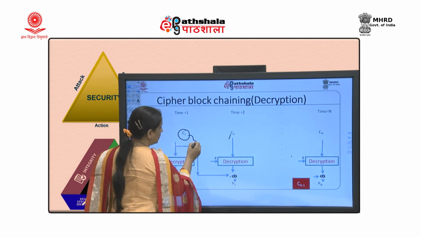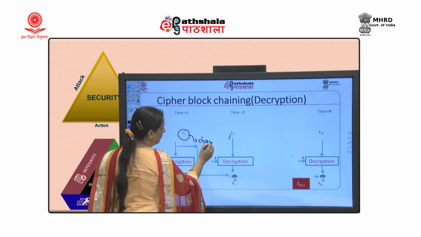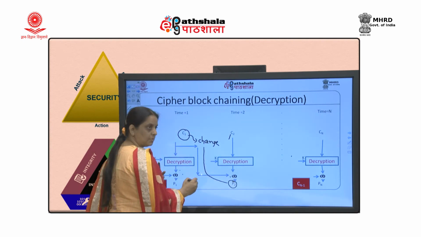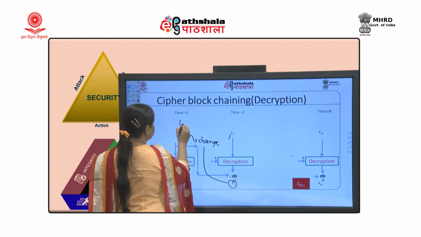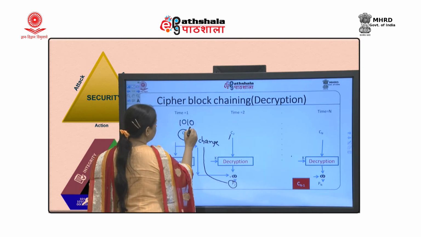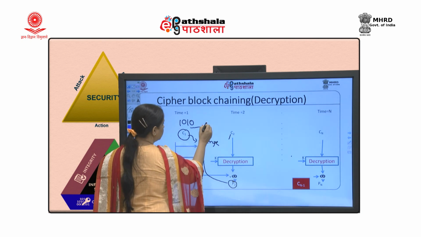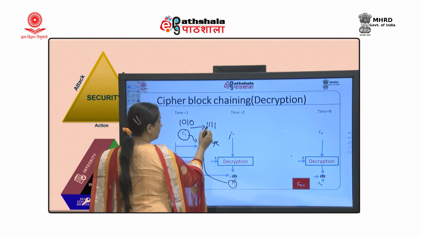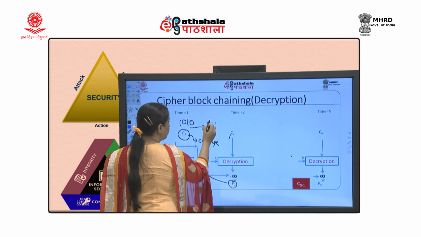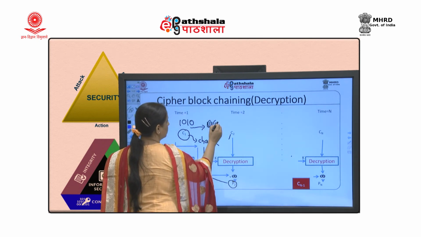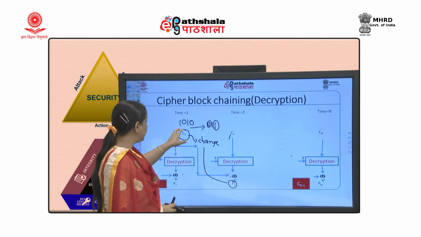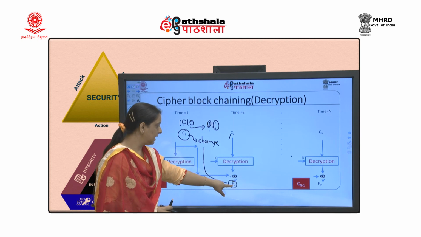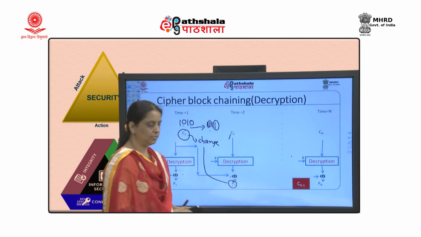So, any change in C1 would change a particular bit of P2. Say C1 generated is 1010 and in the middle somebody changes it. Which bits would be affected for P2? The bits which have been changed. So, if there is a change in 2 bits, the cumulative effect in P2 would be in those 2 bits.